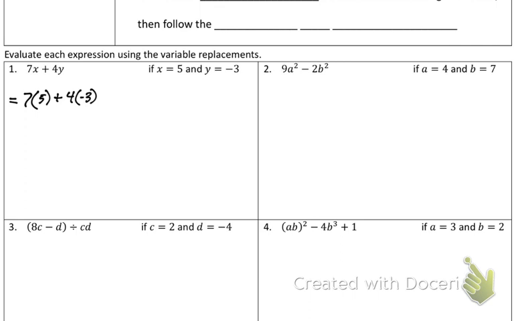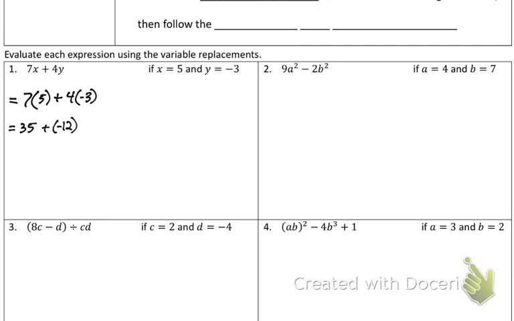And now we're just doing order of operations. So we're going to go ahead and go, oh, well, that's 7 times 5, which is 35. Plus 4 times a negative 3, which is a negative 12. You okay? What was that? 23 is correct.